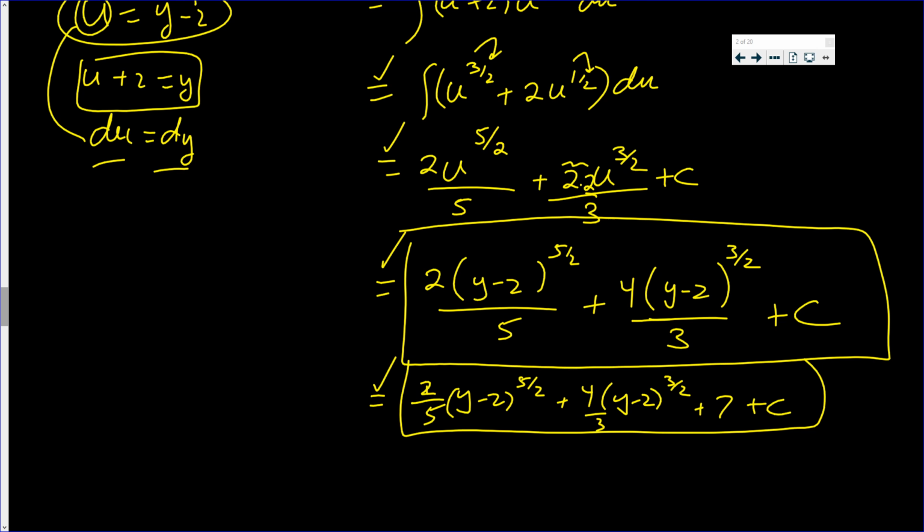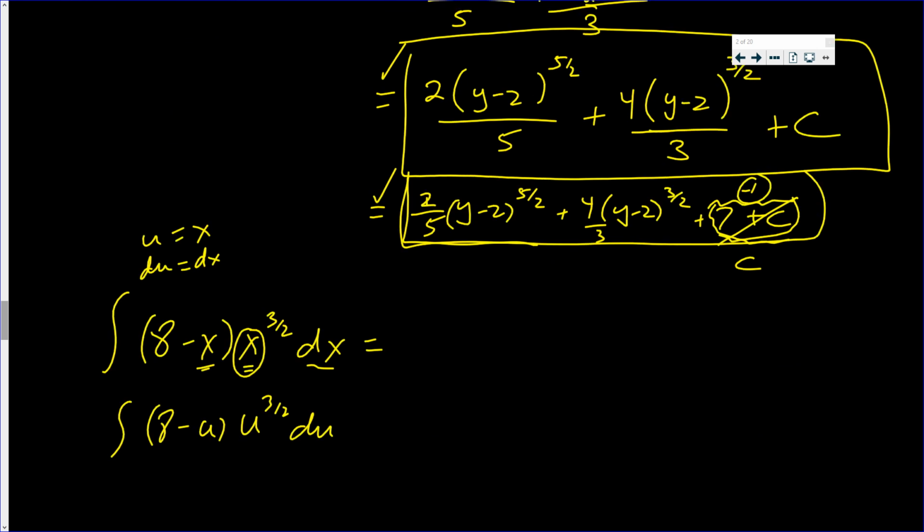Well, then you would have u to the 3 halves, and x is being called u. And if u is x, then du is dx. That is, instead of dx, I'll write du. We didn't get anywhere. We just changed the letters. So u-substitution, I don't even see how it would help here.